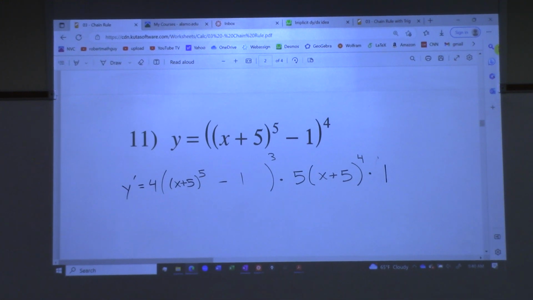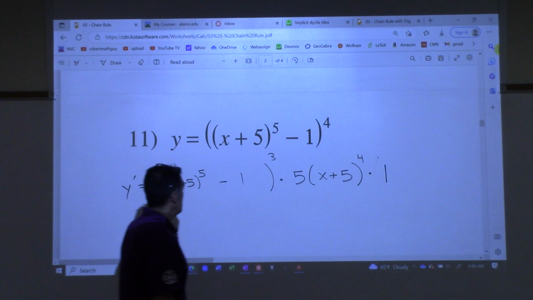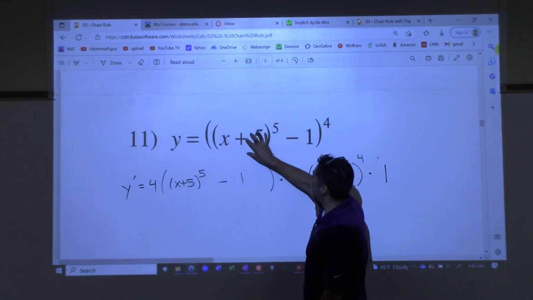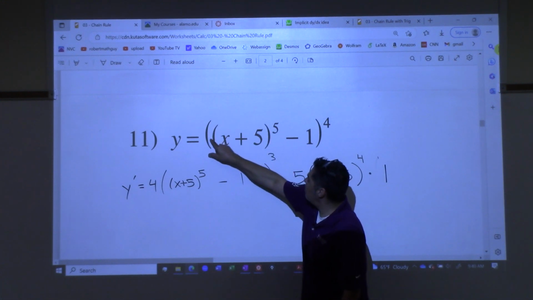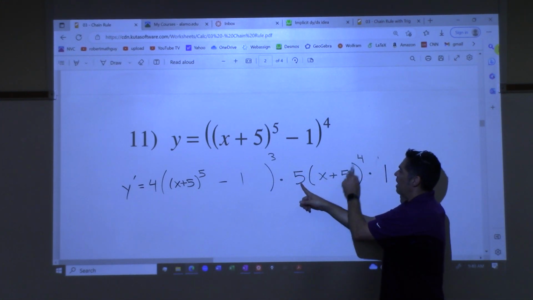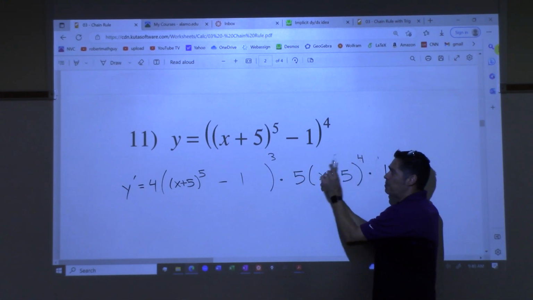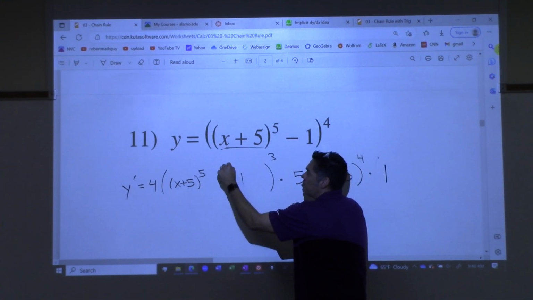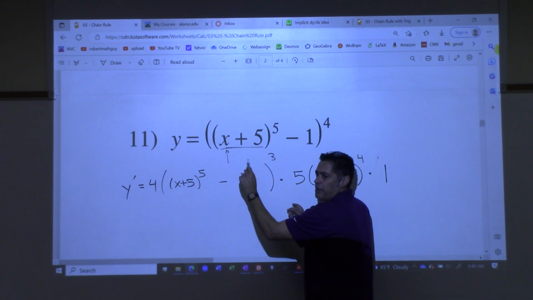Anybody have a question there? Yes? Why is it a 1 back here? Okay, so when we're doing the derivative of this, first the 5 comes down, right? And then it's all of that to the 4th, right? Then what we're supposed to do is take the derivative of what's in here. What's the derivative of x? 1.